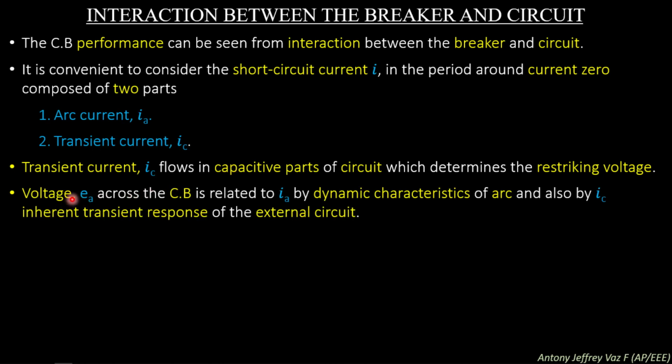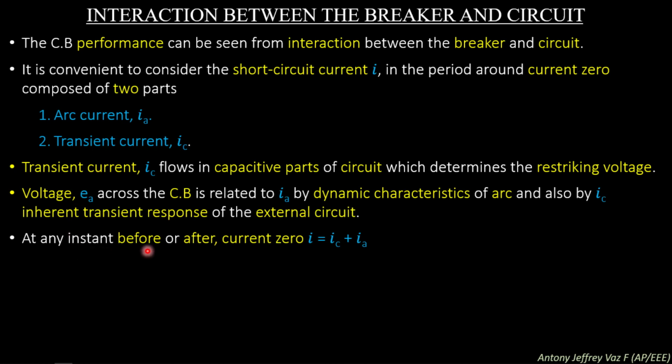So, the voltage EA across the circuit breaker is related to IA by the dynamic characteristics of the arc and also to IC, which is the transient current, the inherent transient response of the external circuit. So the voltage present across the circuit breaker depends upon the arc current IA and also upon the transient current IC.